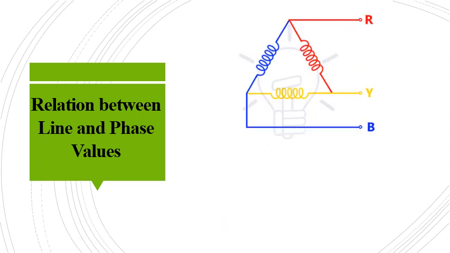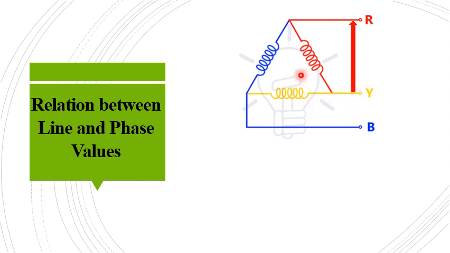Now let's see the relationship between the line voltage and phase voltage in a delta connected system. The line voltage is the voltage between any two transmission lines. So the line voltage can be the voltage between R and Y, or between Y and B, or between R and B. Here the line voltage is indicated with the red arrow.